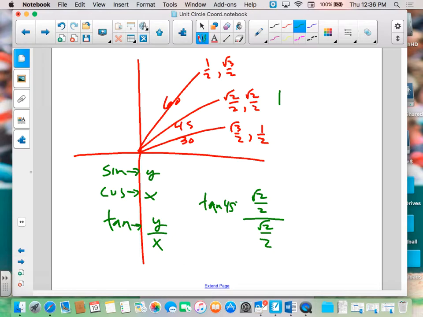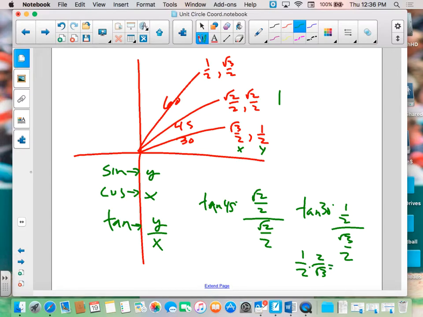So here are some things you could remember or memorize too. And you can type that in your calculator and see that it's 1, or you can just flip this and multiply however you want to do it. You're going to get 1. Now the tangent of 30 degrees is going to be 1/2 over root 3 over 2. It's going to be y over x. So I'm going to do 1/2 times the reciprocal of this, which is 2 over root 3.